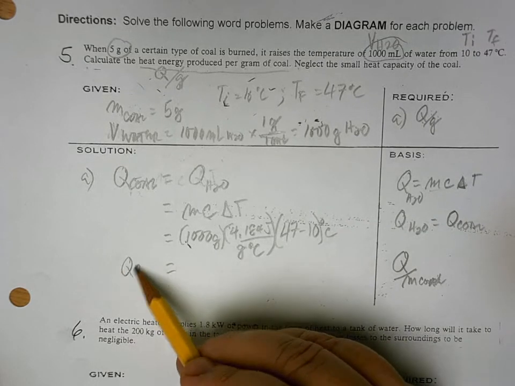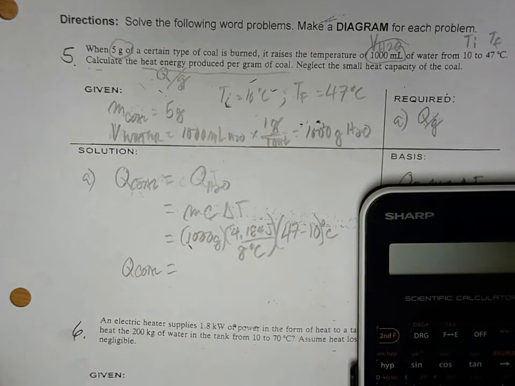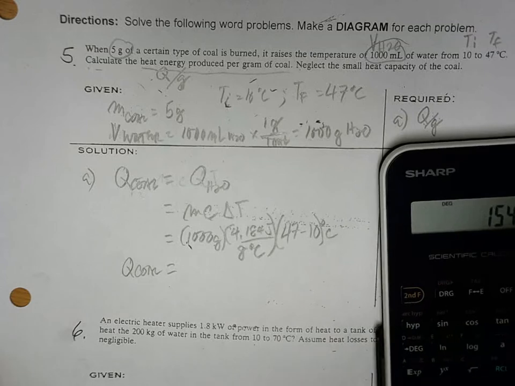And so Q of the coal, make sure you're in degrees. 1000 times 4.184 times 37.